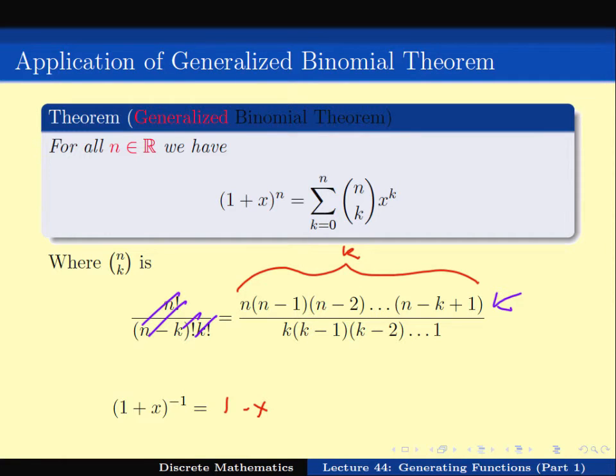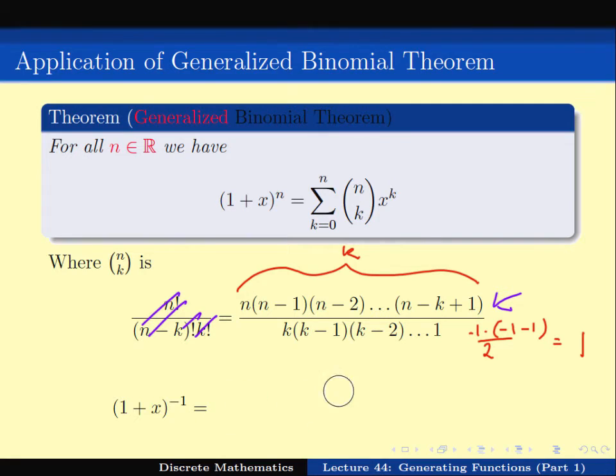What will be the next one? If k equals to 2, then the bottom one is 2 factorial, which is 2, and the top one is -1 into -1 minus 1, which is -2, which of course, when you multiply them, it is 2, so this will be plus x square, and so on.